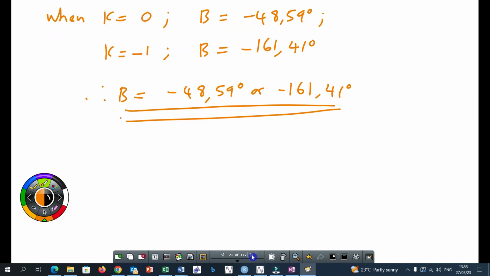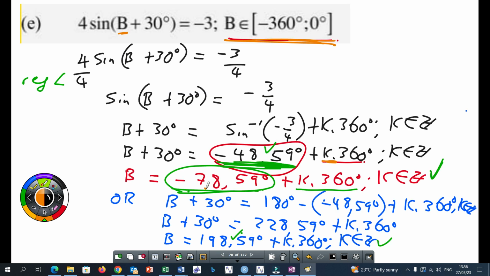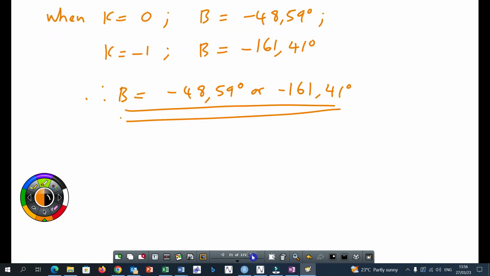Right, let me change that. Please remember that our general solution is this one here. I put that one by mistake. Alright, let's correct that. Minus 78,59. This is minus 78,59. That's the correct one.